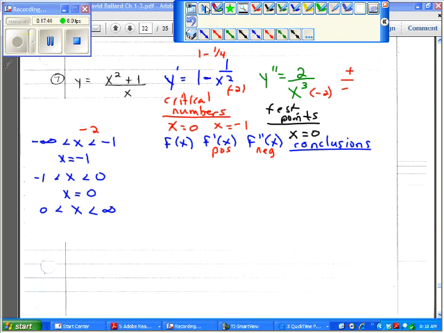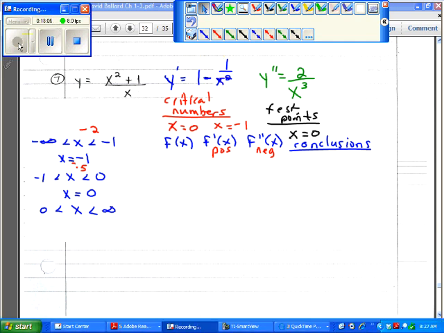In the second interval, I'm between 0 and -1, so I'm going to choose -0.5. Okay, so we're going to plug in a -0.5. Now, -0.5 squared is positive a 4th, right?